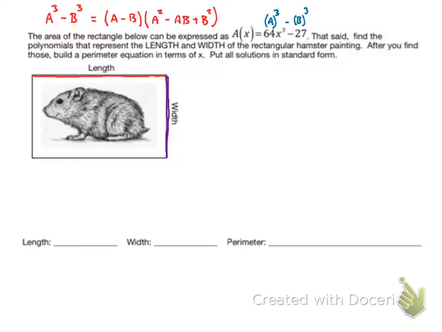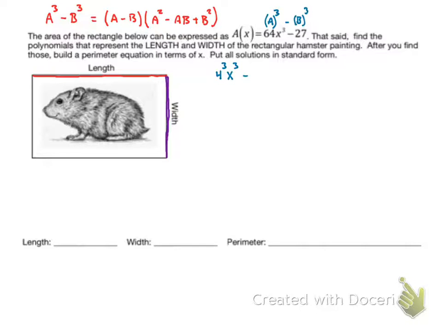So the first thing you want to do, get this equation so that it's cubed on the left side minus cubed on the right side. To do that, we know 64 can be rewritten as 4 cubed. That's 4 times 4 times 4, that's 64. X cubed minus 27.